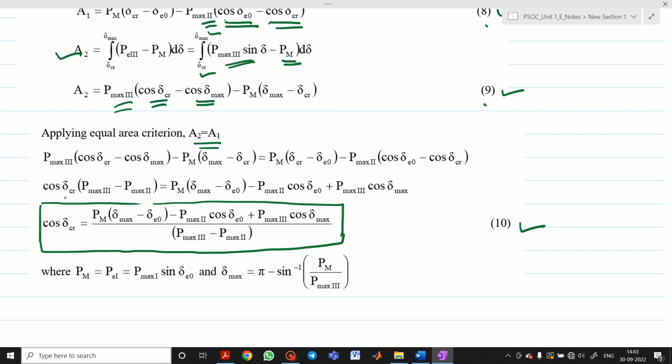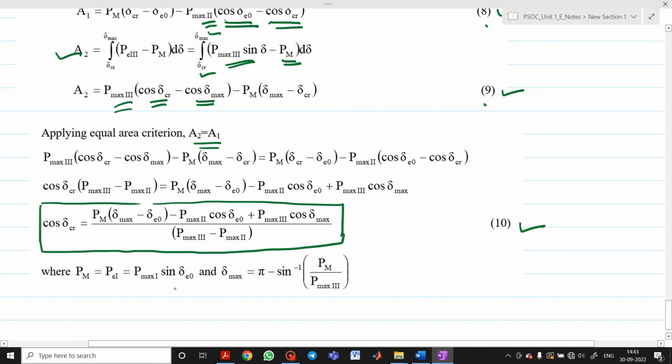So what is that equation? Cos delta CR equals PM into bracket delta max minus delta 0, minus Pmax2 cos delta 0 plus Pmax3 cos delta max, upon Pmax3 minus Pmax2. This will be treated as equation number 10.